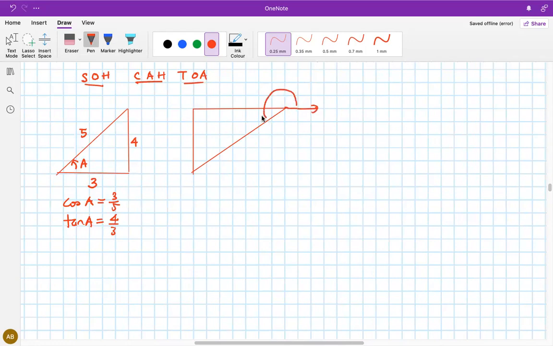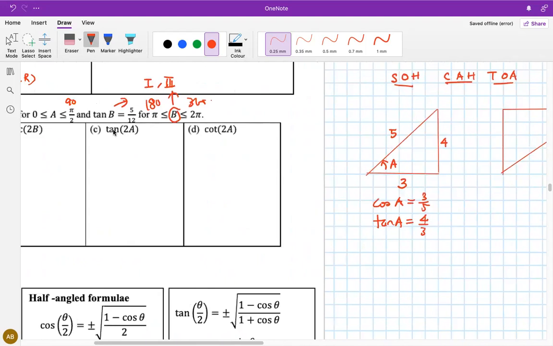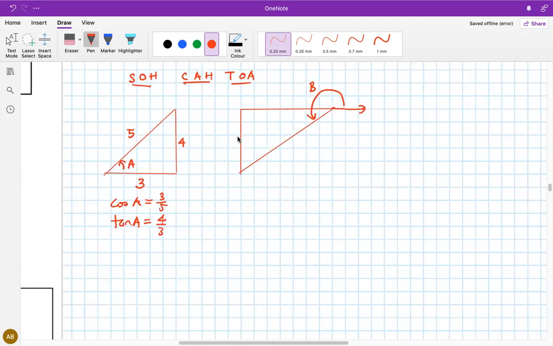So if I draw this, here is B. Tangent B is 5 over 12, so 5 here, opposite over adjacent. So automatically the hypotenuse is 13, right?